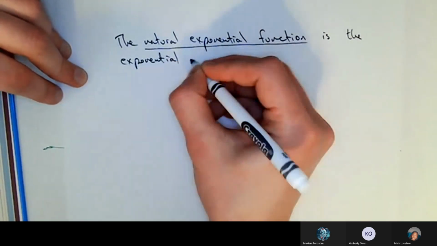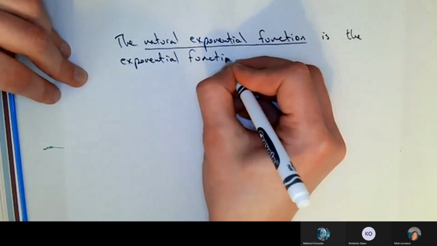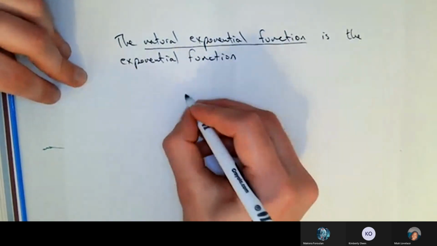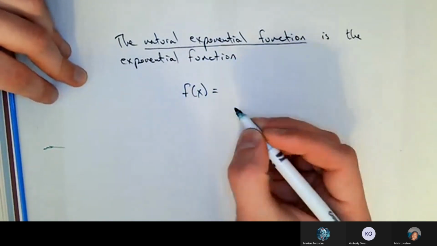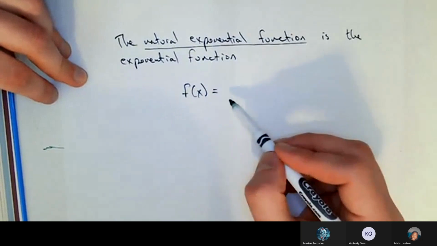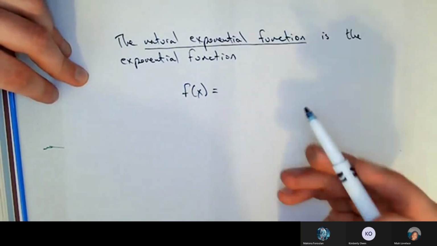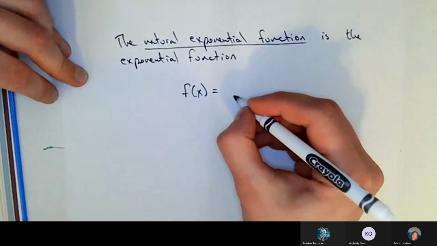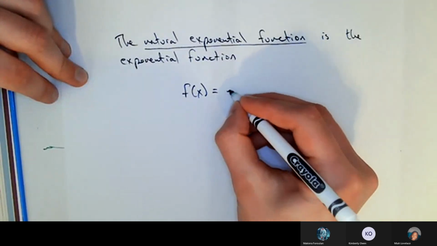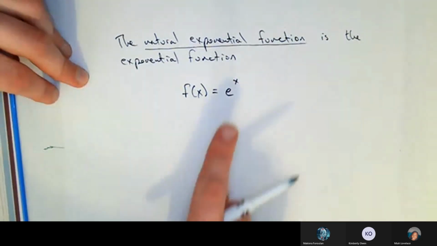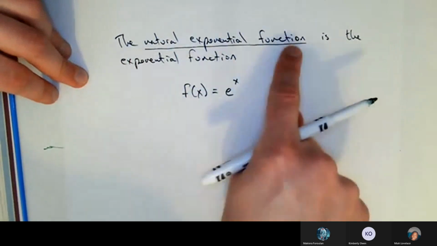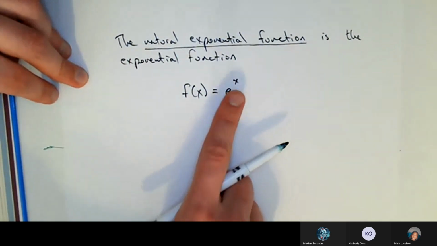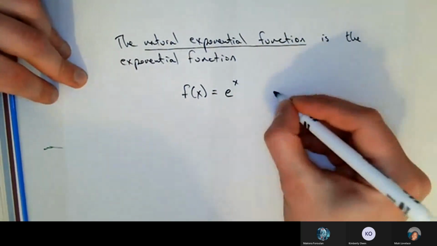It's a little bit redundant to say that again, but that's okay. And what do exponential functions look like? Algebraically, they look like a to the x, where a is some positive number, not equal to 1. And for us, for the natural exponential function, the base is going to be e. So we say with base e.